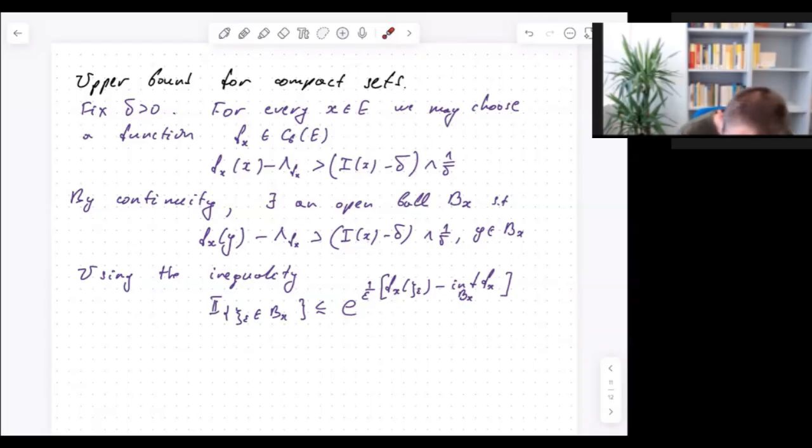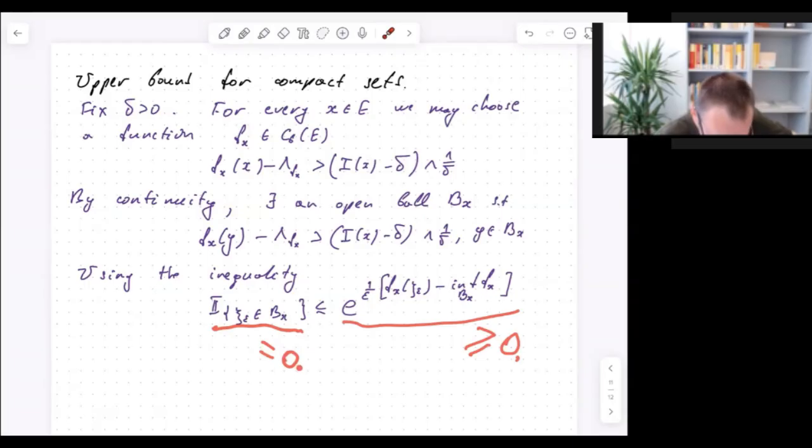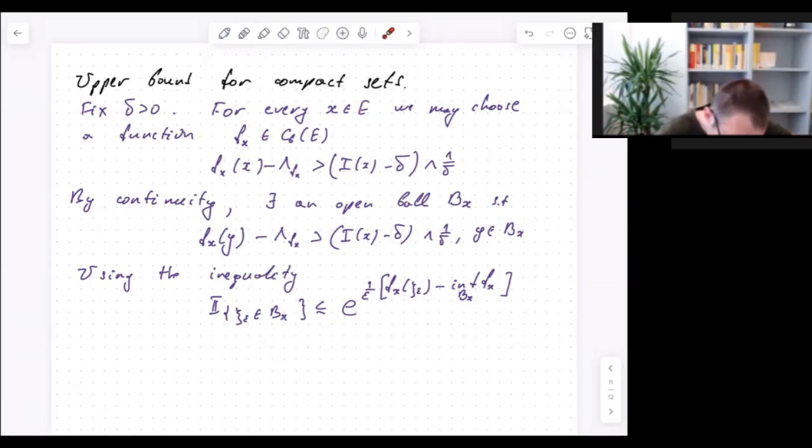Let me say a few words why this inequality is trivial. First of all, the right-hand side is always non-negative. So if the infimum is equal to 0, the inequality is satisfied. To be sure that this inequality is always true, you only need to focus on the case when the indicator is equal to 1. That means that for that omega, psi epsilon of omega belongs to the ball.